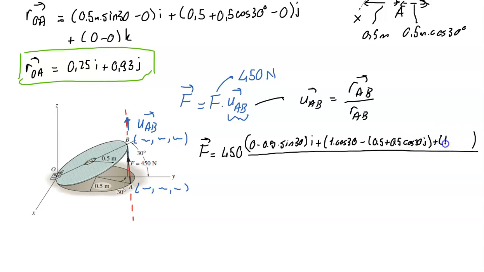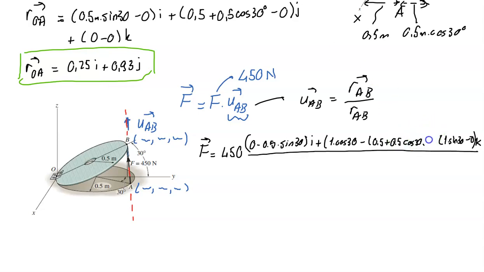And plus 1 cosine 30, 1 sine 30 minus 0, and that will be K. So this one is J, sorry.